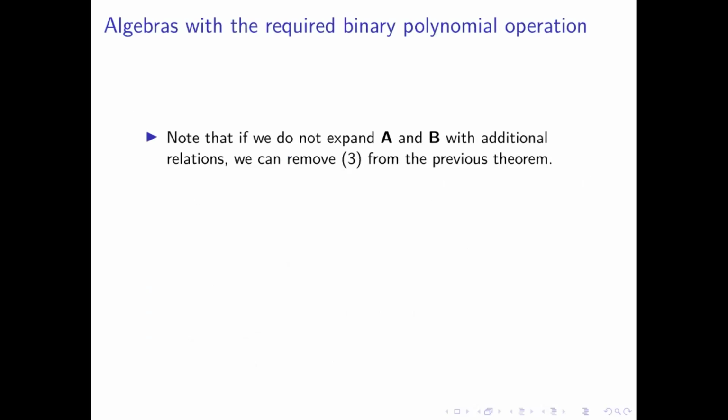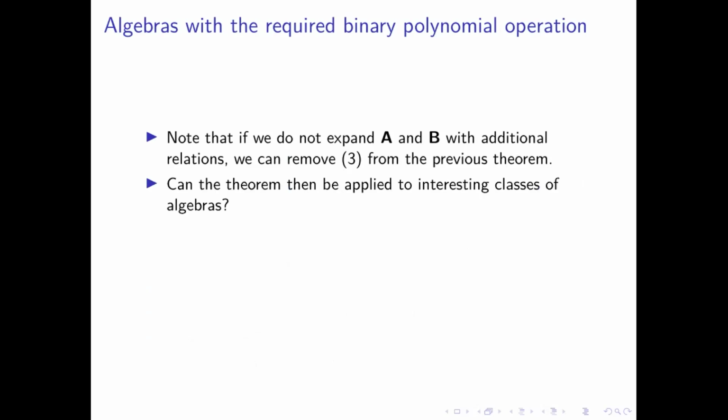And so you can do this if you're just working with algebras. And so if you're doing that, can you actually apply this theorem to interesting classes of algebras? And the answer is, of course, yes.